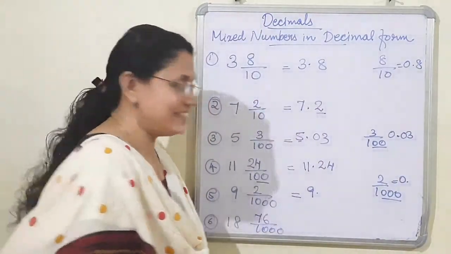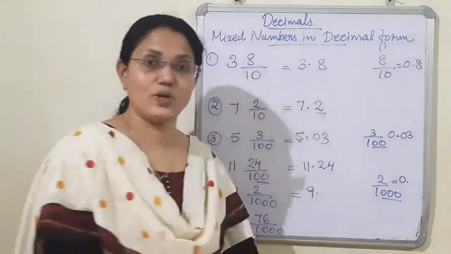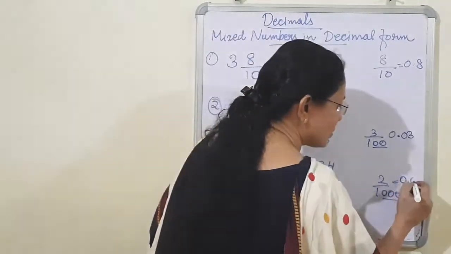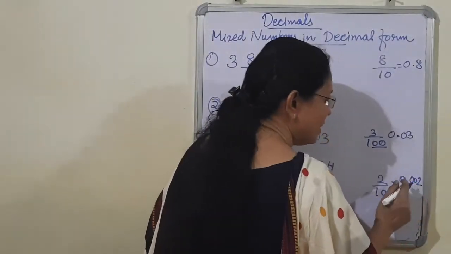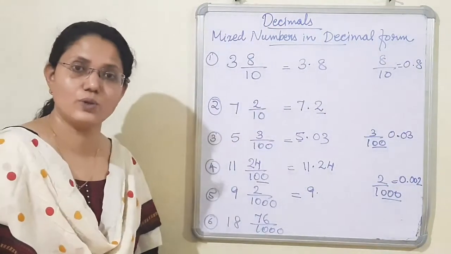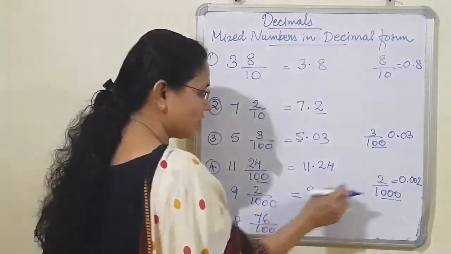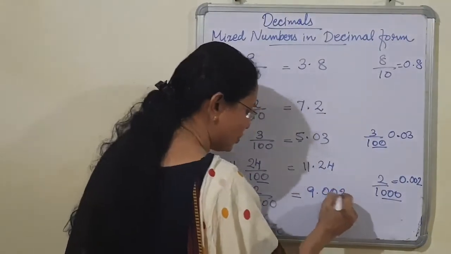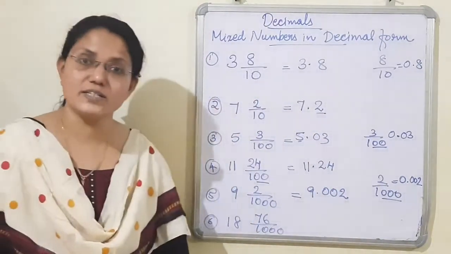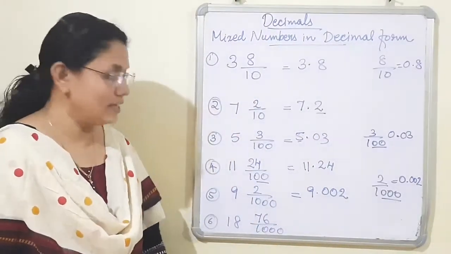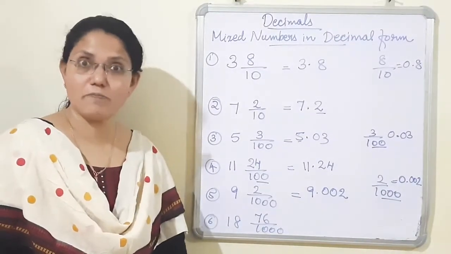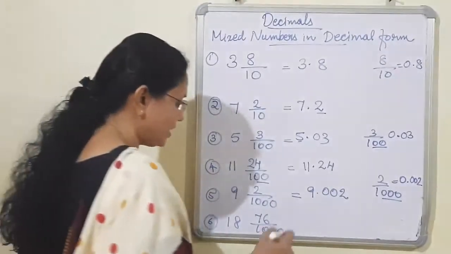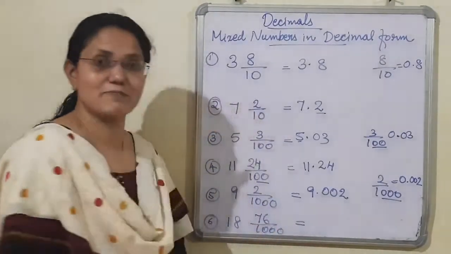Here the numerator has only one digit, and we should make 3 places, by putting 2 zeros on the left side of this 2. Now, 0.002. So after the whole number, the digits 002 come. 9.002. 9 2 by 1000 is 9.002.